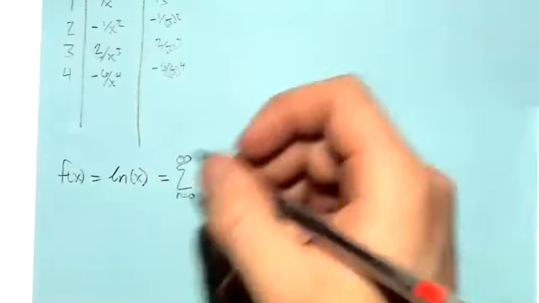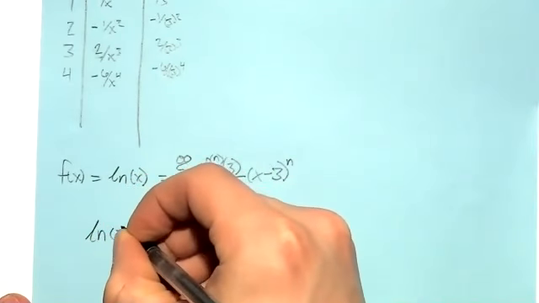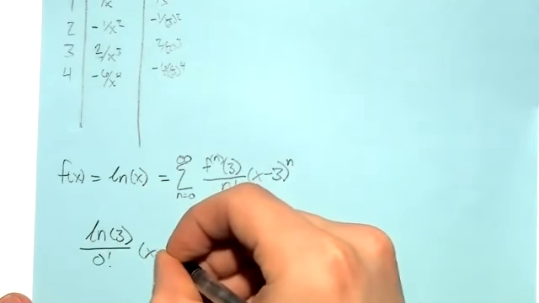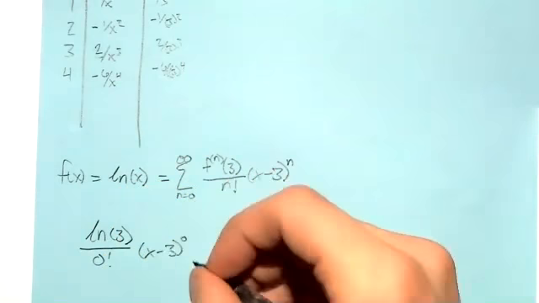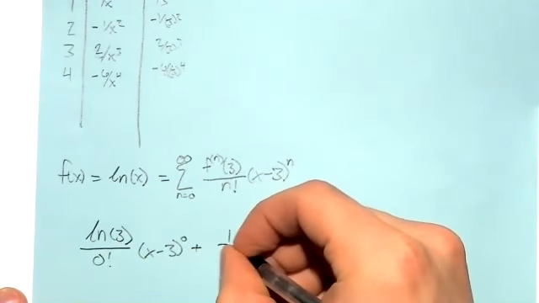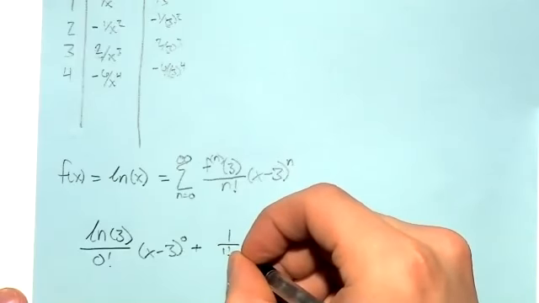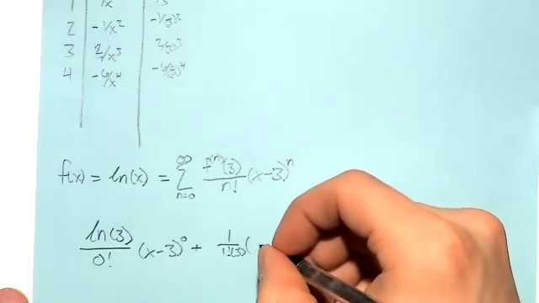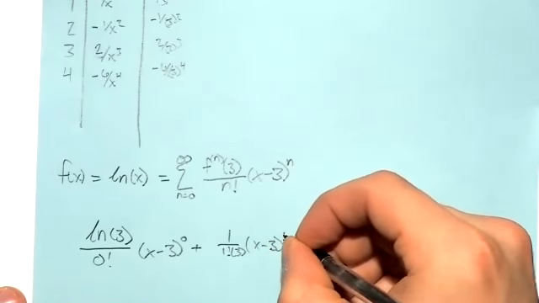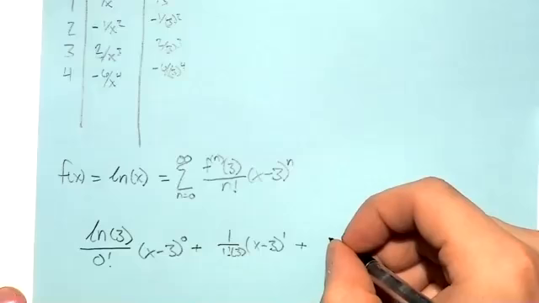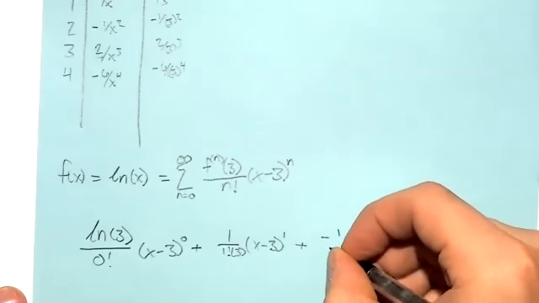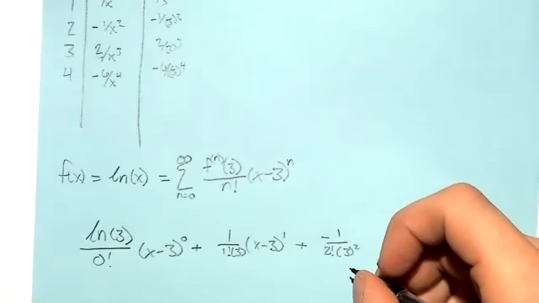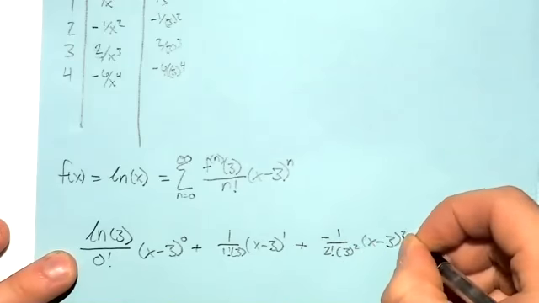So then this first one is just going to be natural log of 3 all over 0 factorial times x minus 3 to the 0, plus 1 over 1 factorial times 3, so 1/3 times x minus 3 to the 1, plus, once again, -1 over 2 factorial times 3 squared times x minus 3 squared.